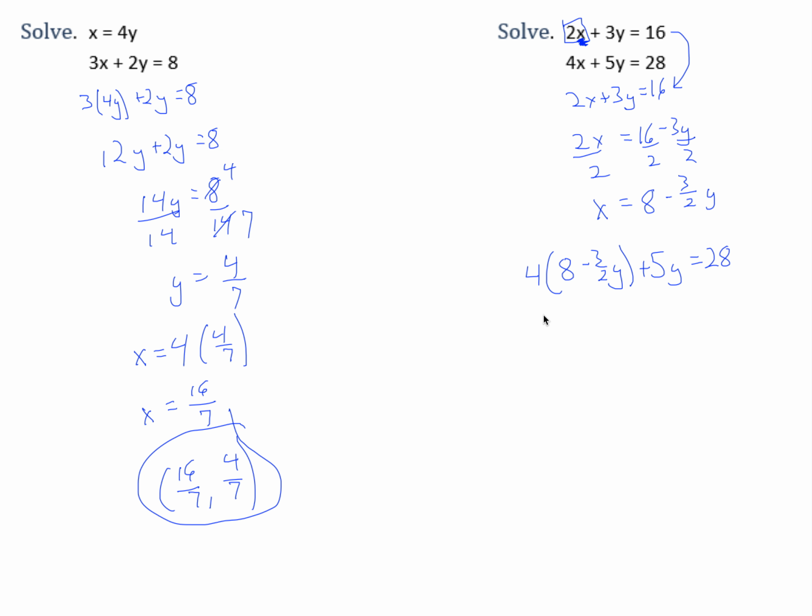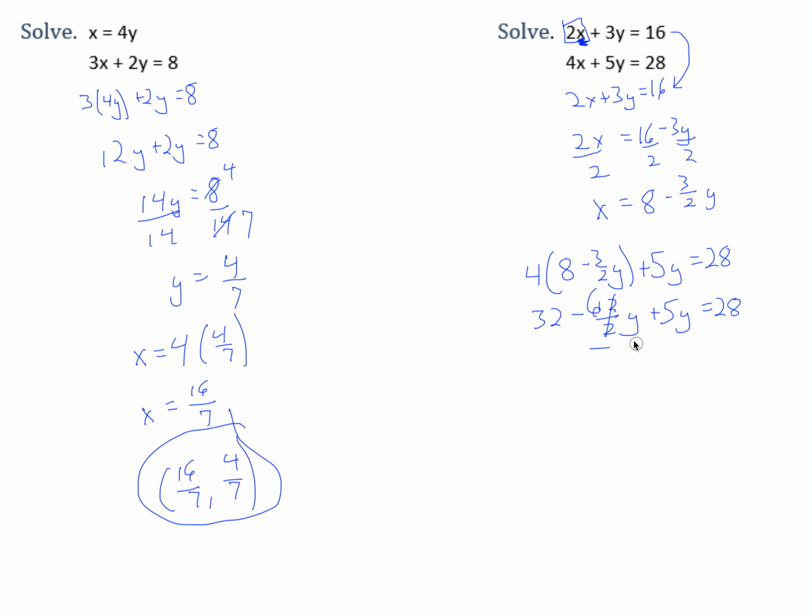We have to distribute here, so we have 32 minus 12/2 y, like a 4 over 1 times 3/2. Well, 12/2 is actually 6, so we'll make this 6y plus 5y equals 28.